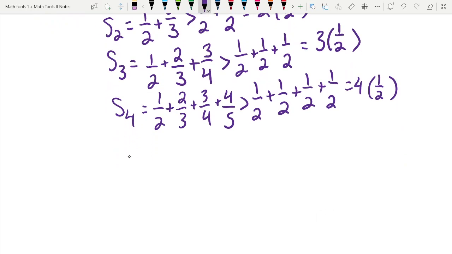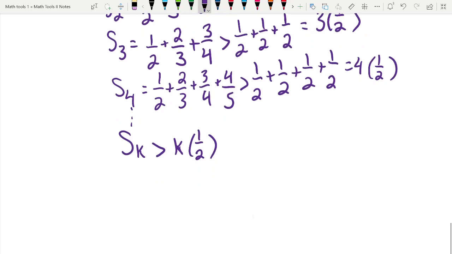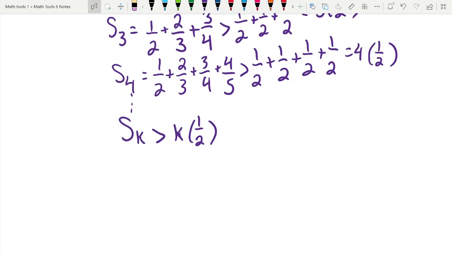And from that, we can say the kth partial sum must be greater than k times 1/2. Because S4 is greater than 4 times 1/2, S3 is greater than 3 times 1/2, etc. And we're only trying to say something about the limit, and this allows us to do that. Sk is always greater than k times 1/2.